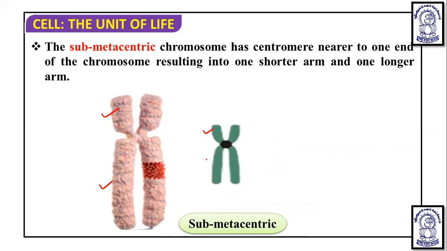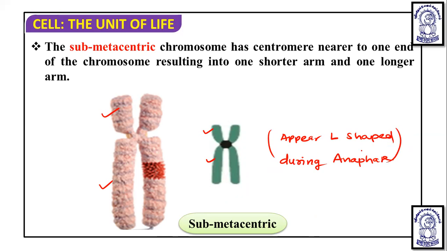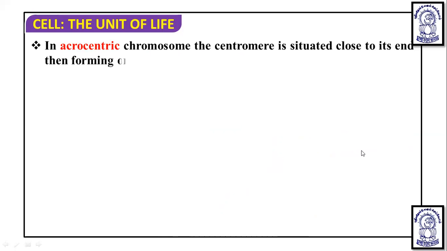When there is one shorter and one longer arm, they appear L-shaped during anaphase of mitosis. And after submetacentric, acrocentric comes.